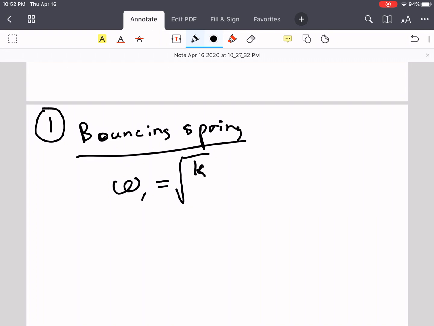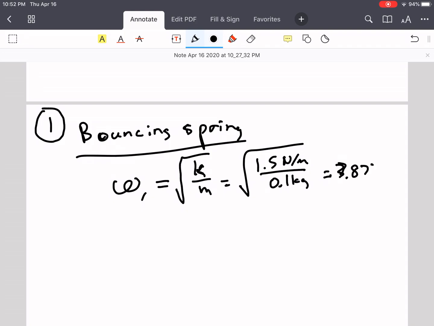So exactly like we used last time, as I said, vertical spring, it's the same answer. And so we can go ahead and even plug in some numbers. We know the spring constant k is 1.5 newtons per meter. We know the mass m is 0.1 kilograms, so this turns out to be 3.873 radians per second, or just inverse seconds. All right, so that's the bouncing spring.